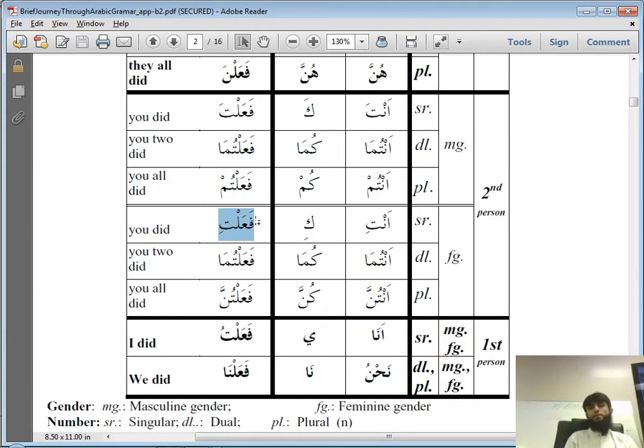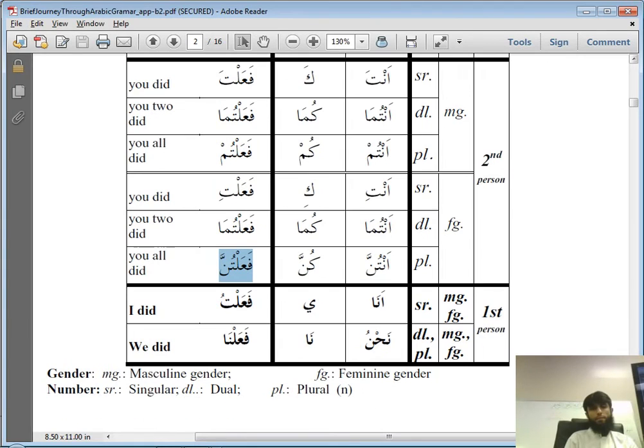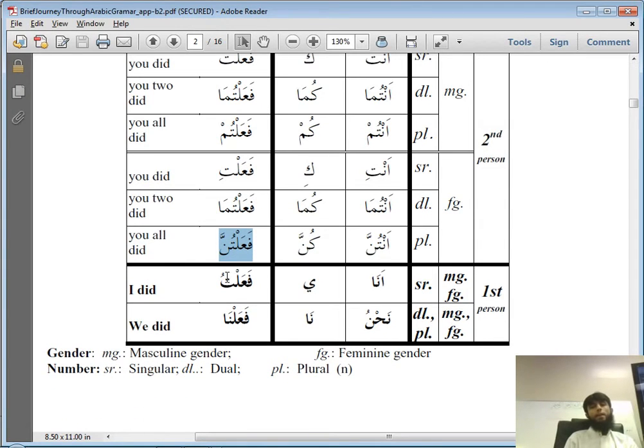فعلتِ is you, female, did some action. فعلتما, two females. فعلتنّ, more than two females. And when you're talking about I, you use فعلتُ. It's like you use آمنتُ. آمنتُ بالله, I believe in Allah.